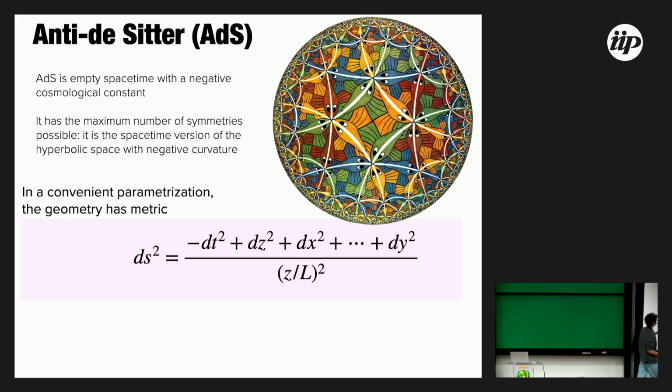If you erase time and put just 2 dimensions, this is a hyperbolic space, sometimes called the Lobachevsky plane, which is the geometry behind this drawing by Escher. So when z goes to 0, you go to the boundary, and the distances are stretched, and you have this.